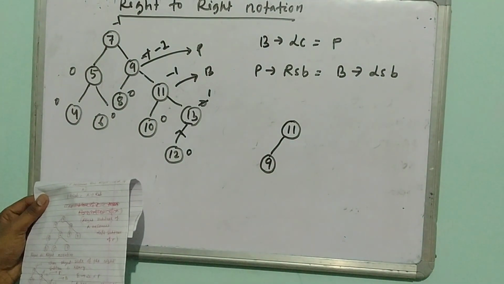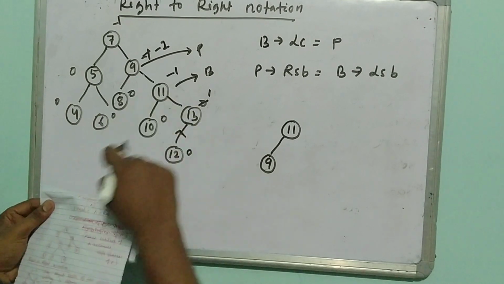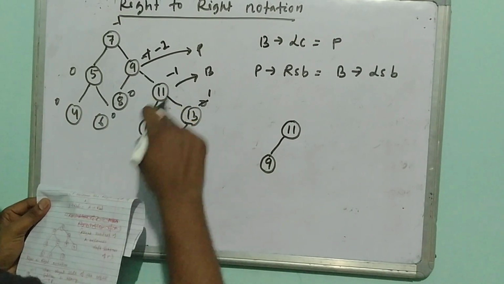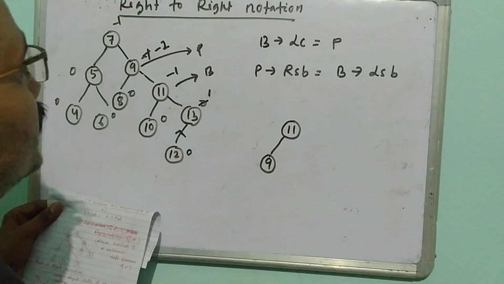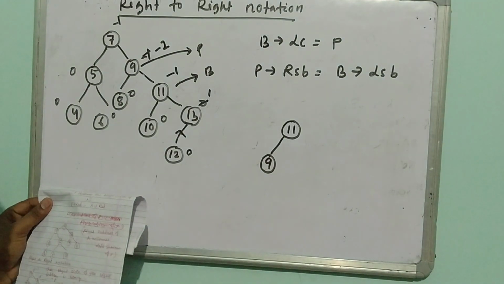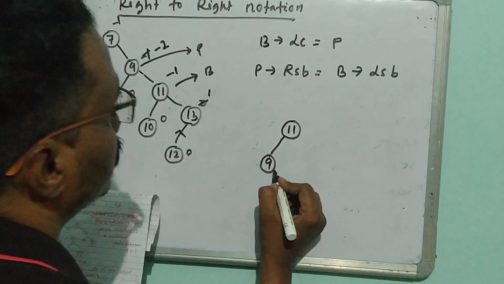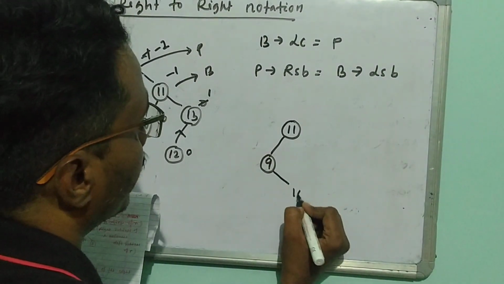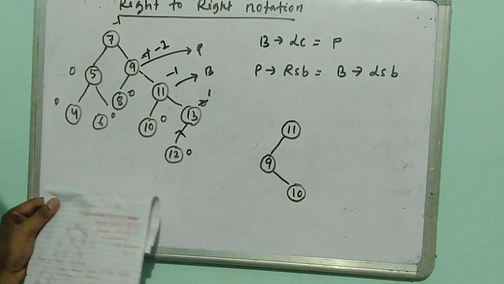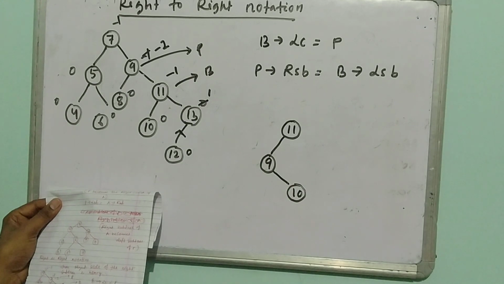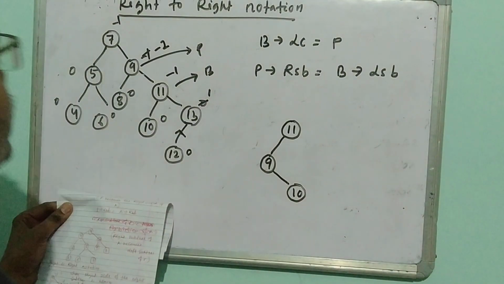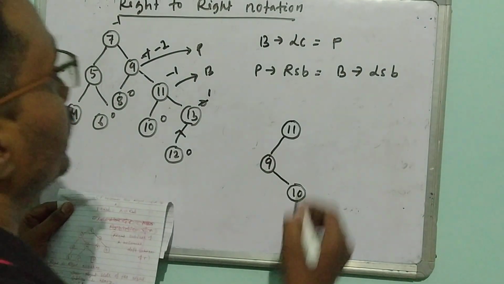And BLSB. So BLSB is 10. BLSB is 10. So BLSB becomes PRSB. So PRSB, this portion, this portion 10. And the rest of the part will remain as it is. So we have to make the rest of the part.